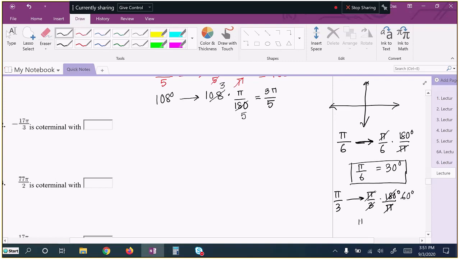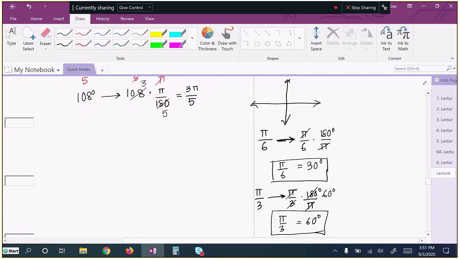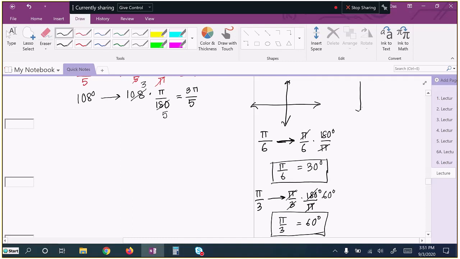So I say pi over 3 is 60 degrees. Again, worth remembering, because these are things that we will use over and over in our quest of learning trigonometry. One other special angle, and that's pi over 2.